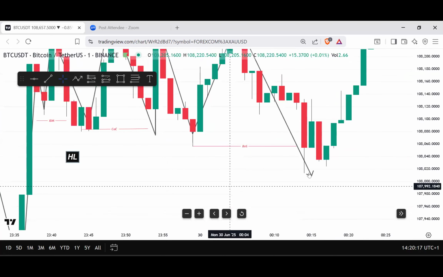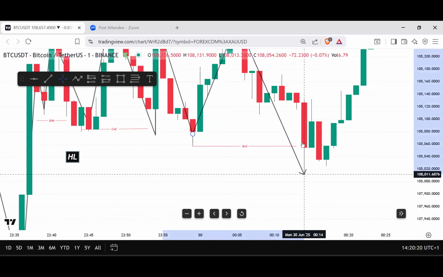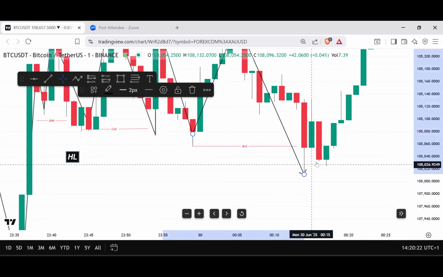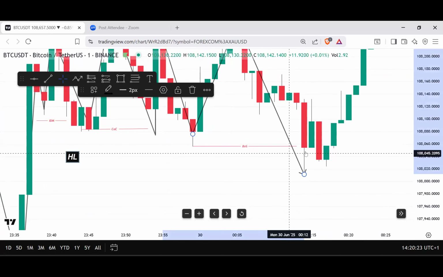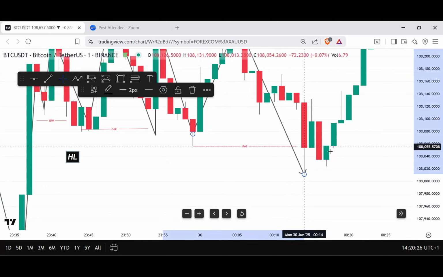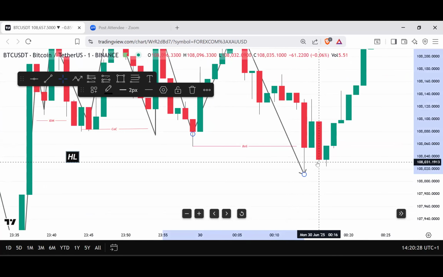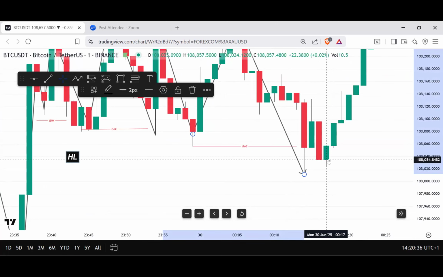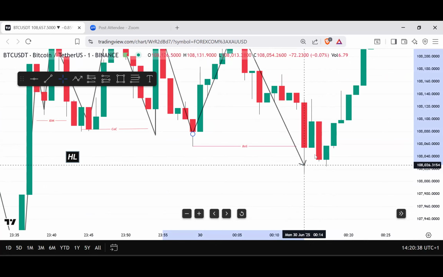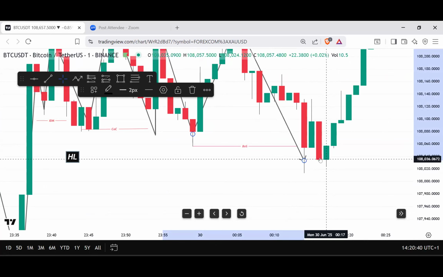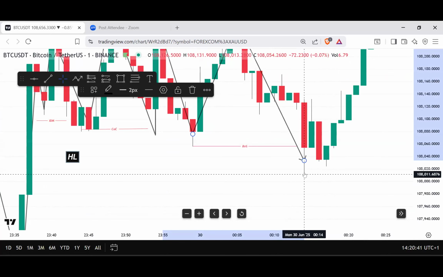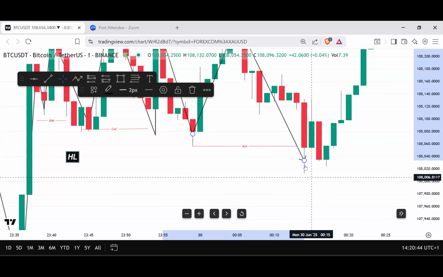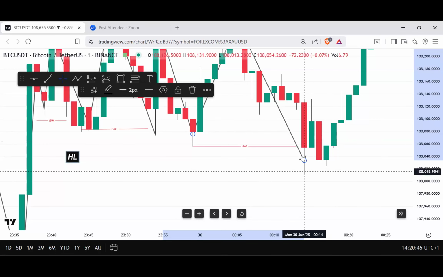Not the first candle. However, the third candle, the red one, that is closed. Now these candles, did they close below the wick of this candle? It has to close below the wick of this candle. Yeah, that is below the wick only.